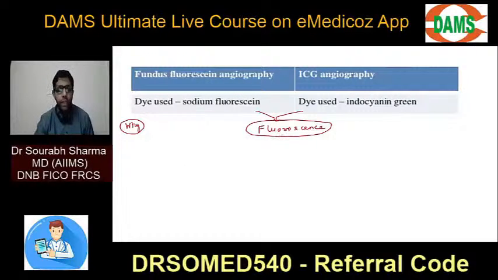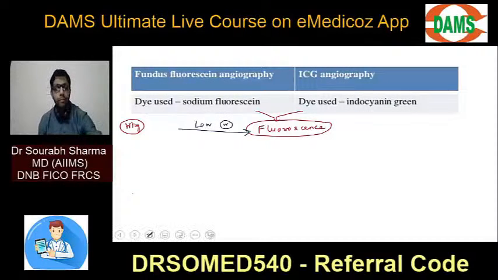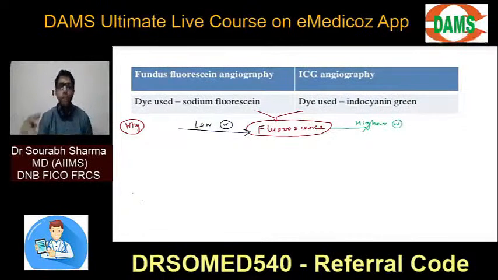If there is an object in which a low wavelength light is coming inside and it has the capability to emit a higher wavelength. Low wavelength is coming inside, but the outgoing is higher wavelength. That object possesses a fluorescence capability.